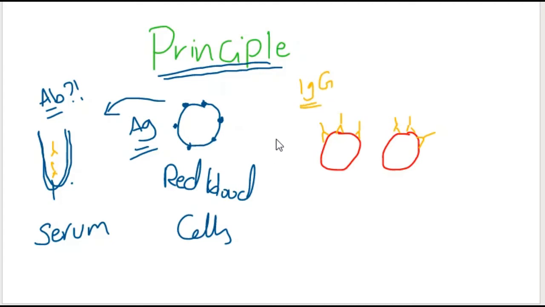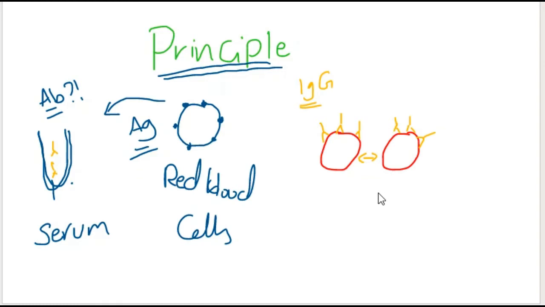These types of antibodies are incomplete, so they are not able to cause direct agglutination, because IgG, as we discussed in a different video, is quite small and it cannot cross the zeta potential, the distance between two red blood cells, which is formed as a result of the negative charge of the red blood cells. So we will not be able to detect that.